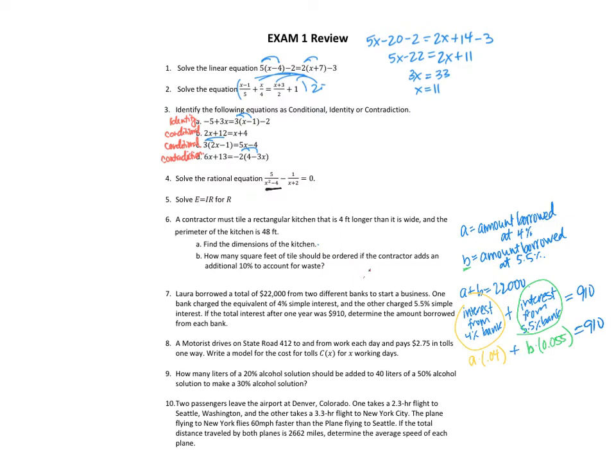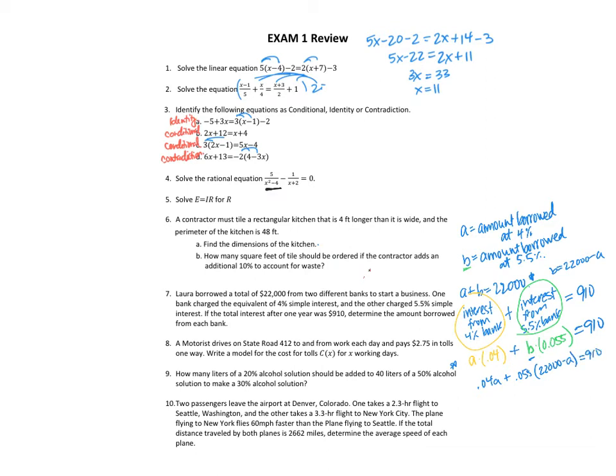So I'm going to use these two equations to solve. I can see that B is equal to 22,000 minus A. So I'm going to substitute that in here for B. So 0.04A plus 0.055 times B, which is 22,000 minus A, is equal to 910.